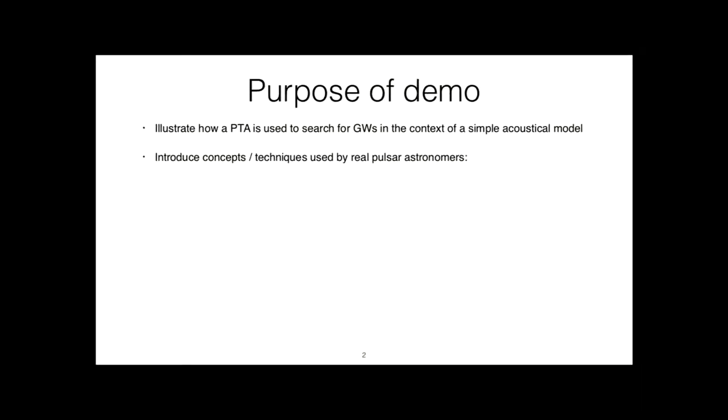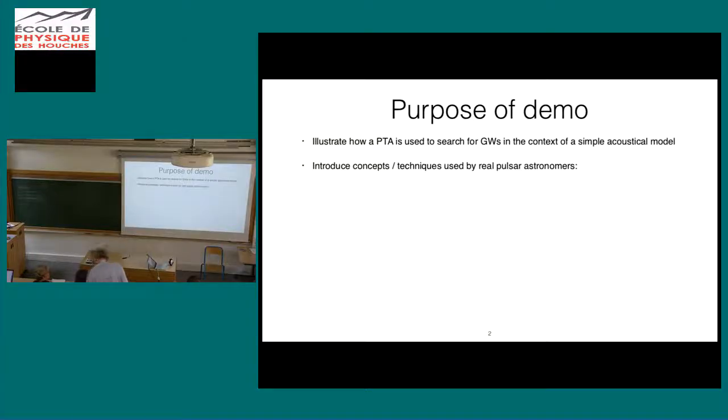So the purpose of the demo is basically to illustrate how a pulsar timing array is used to search for gravitational waves in the context of a much simpler model using metronomes and microphones. And in the process, we'll introduce concepts and techniques that are actually used by real pulsar astronomers when they do their analyses.